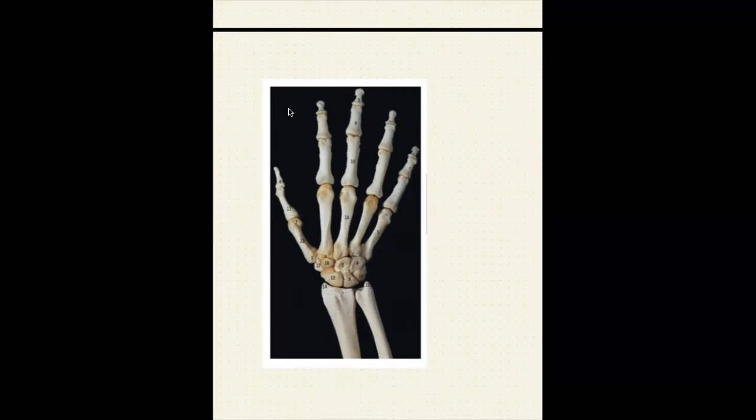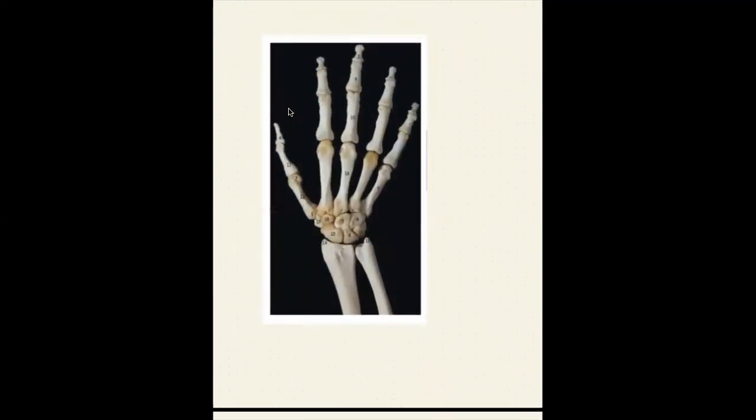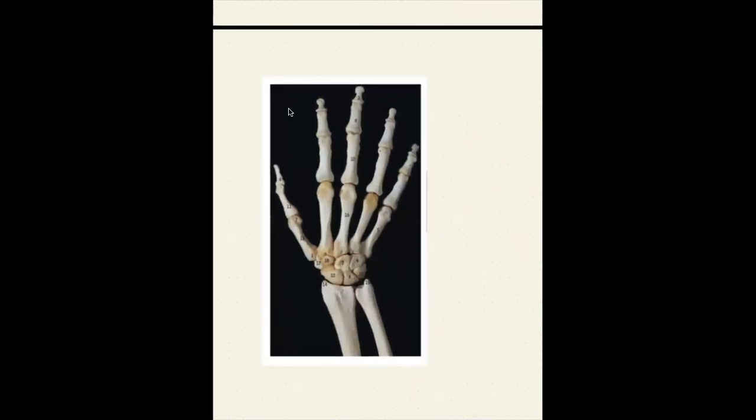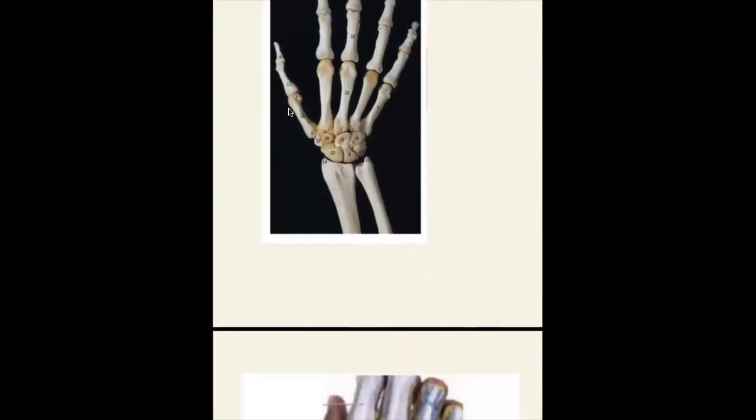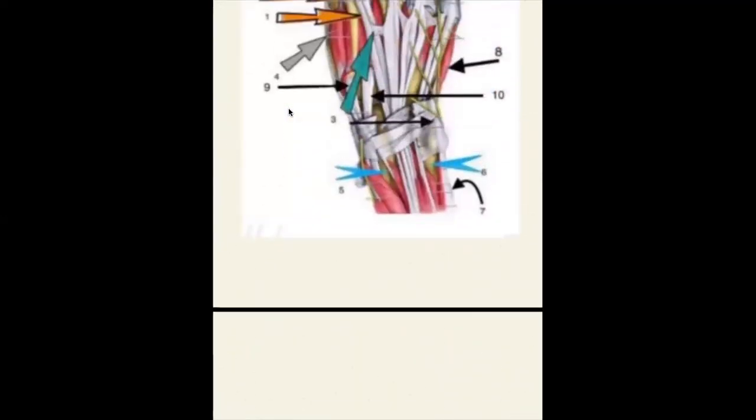Because I would like to hear only one point from you, the Lister tubercle. Exactly, only the Lister tubercle. You don't need to mention anything else, they will wait to hear the Lister tubercle. So is it the flexor aspect or the extensor aspect? Extensor aspect.